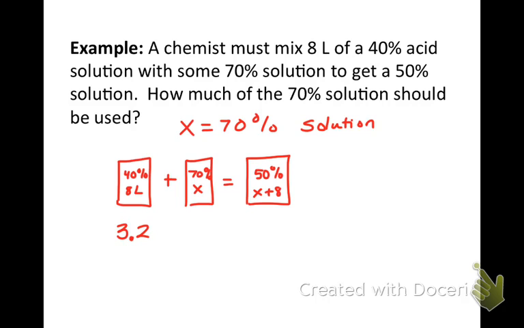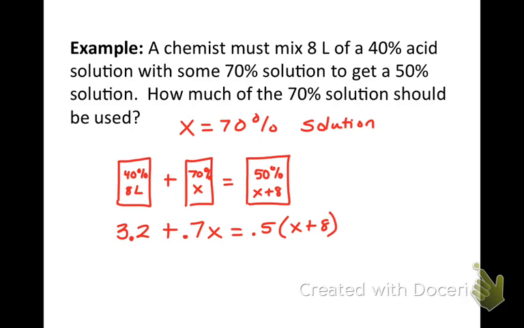What's this going to look like as a term? Well, here we did 0.4 times 8, so here we're going to do 0.7x. Good. Equals, what's this going to look like as a percentage? 0.5 times the quantity x plus 8. Good.